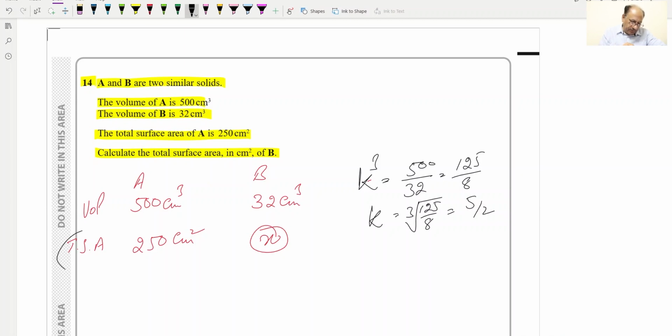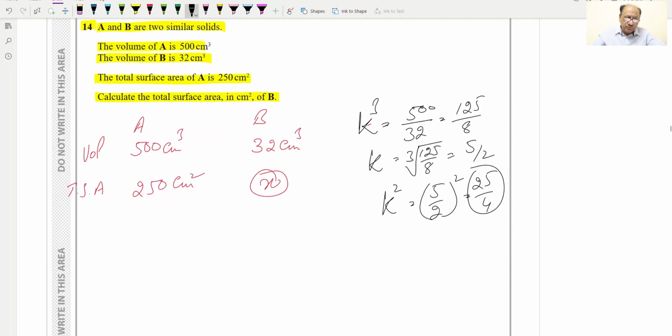For the area we have to use k square, so k square will be equal to 5 by 2 squared, and this will be equal to 25 by 4. So 25 by 4 we will be using for the area.